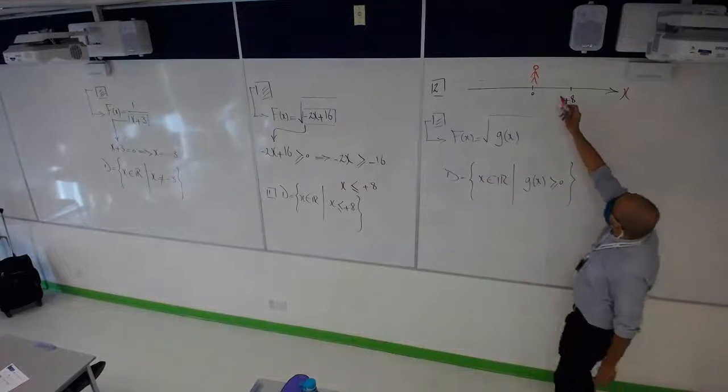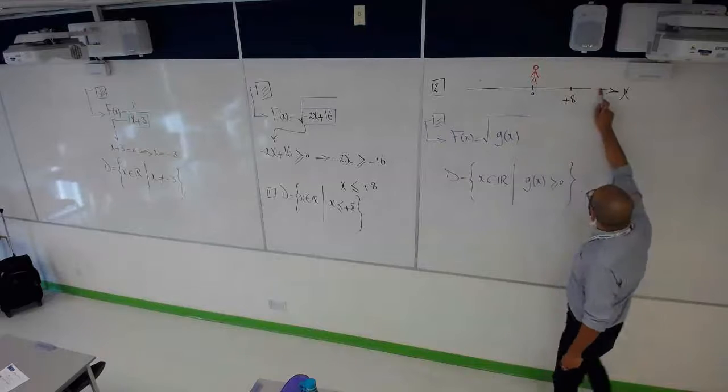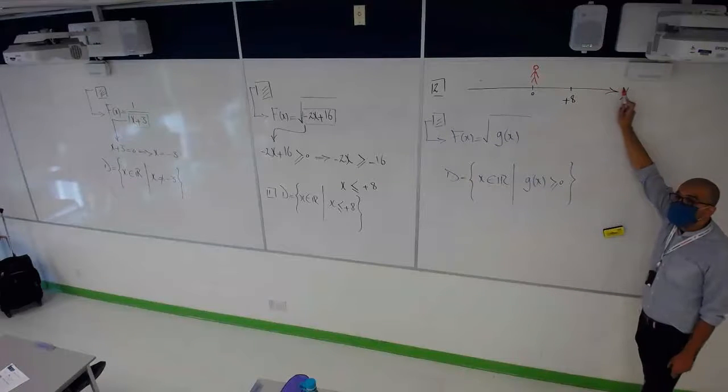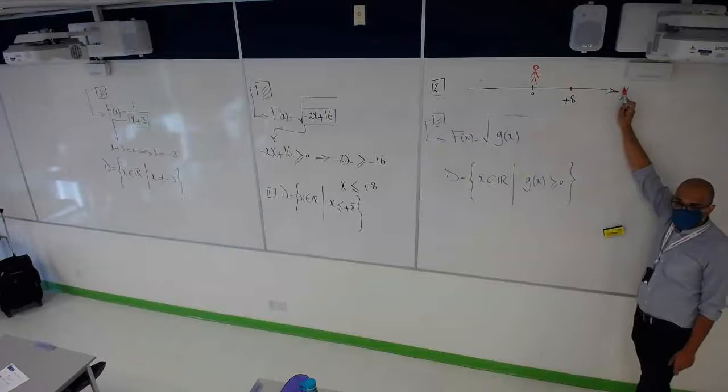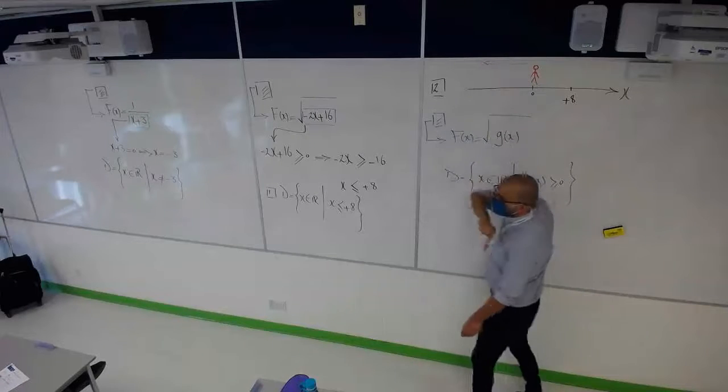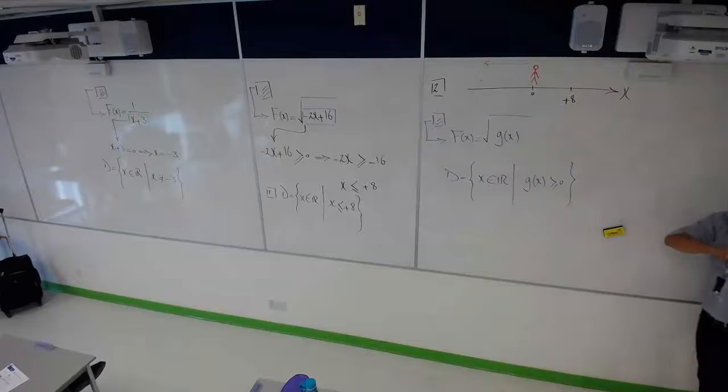If Matthew walks along this direction towards the right, the x is going to be here, and here, and here. But if Matthew decides to walk towards the left, it is getting smaller, smaller, and smaller. That was the thing that we said.